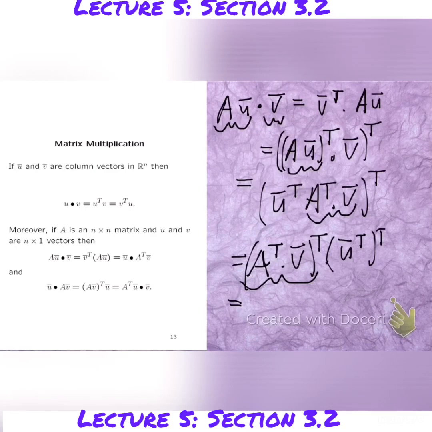You take the transpose of an n by 1 column matrix, which is then a 1 by n row vector, and this here is going to be a column vector. So you've got a row vector times a column vector, and basically that is just the same as saying you're taking this column vector U and taking the dot product with this matrix here. Alright, so that's the dot product. So these two things are the same.